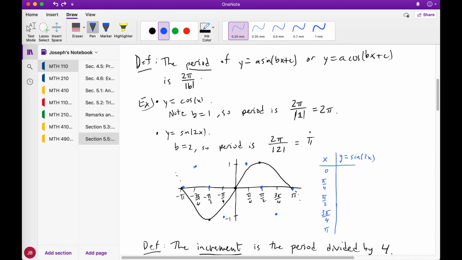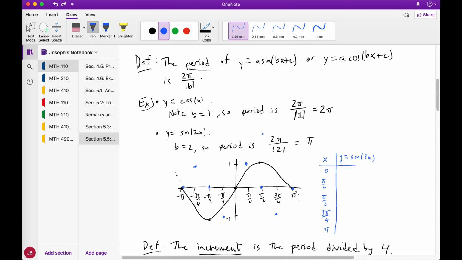It turns out that the period is going to be pi, and here's how you find that. You always take 2 pi and divide by the absolute value of the number multiplying x. So here I'm going to take 2 pi divided by the absolute value of 2. The absolute value of 2 is just itself, so I get 2 pi over 2, which of course reduces to pi.